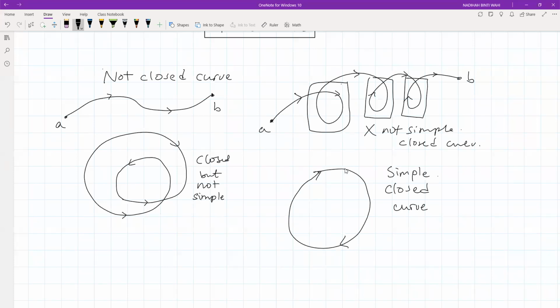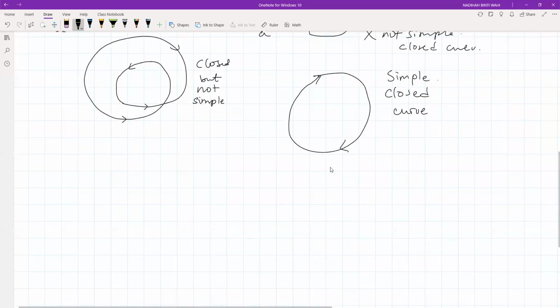How about the direction? Does it matter? Yes, it does. You go that way or you go this way. Okay, it differs. So it might result in sign changes from positive to negative.